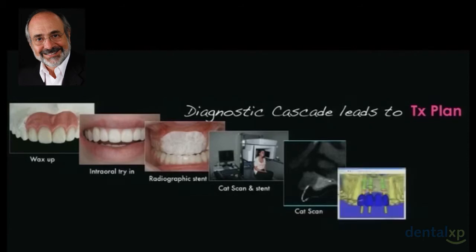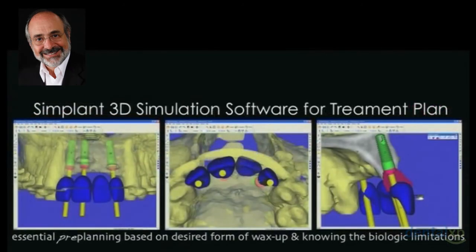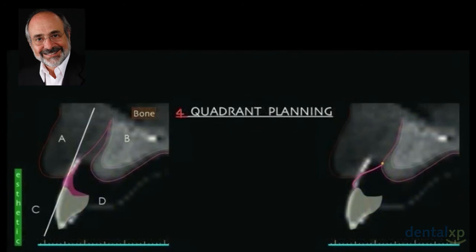We can put it onto various types of software. This is Simplant, and from that we get different kinds of surgical guides that we can utilize. So you can see this whole thing is planned very effectively. Simplant really helps us in setting this up. When we first talked about this, you'll see there are 4 quadrants to it.